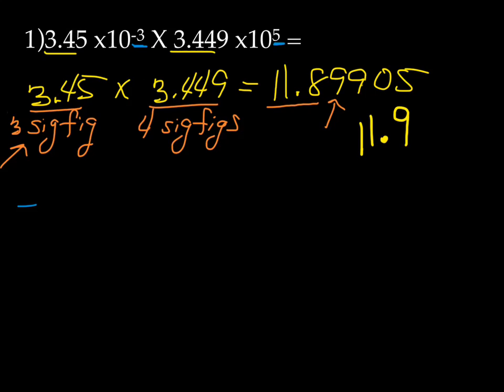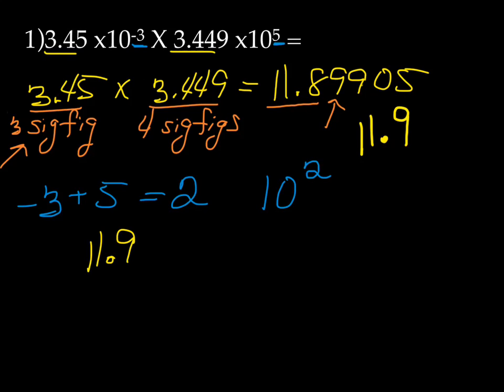So we're going to have negative 3 plus 5. And that gives us 2. So our exponent is going to be times 10 to the 2. So if we put our two answers together, we have 11.9 times 10 to the 2.